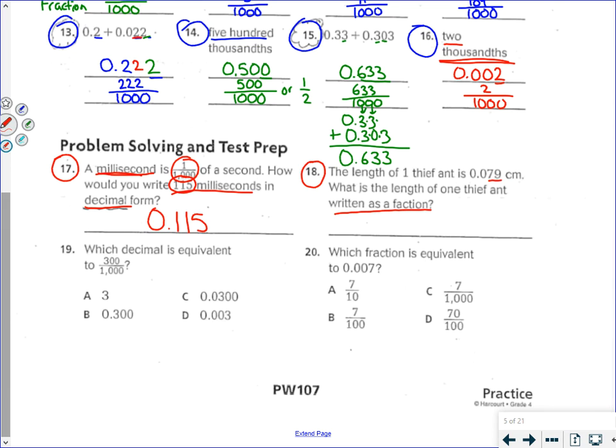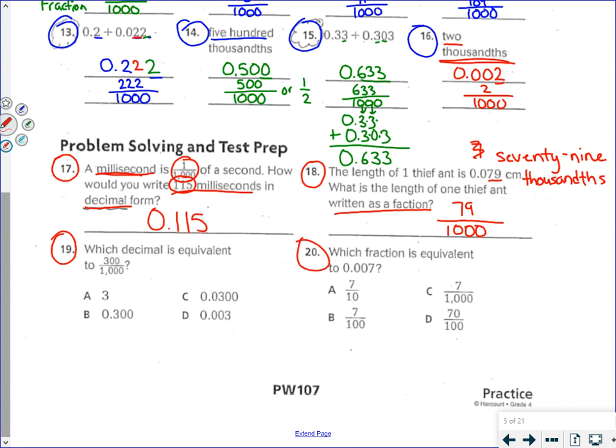Okay, so here we go. 79 thousandths. So 79 over 1,000. Okay, you guys try these two now by yourself.